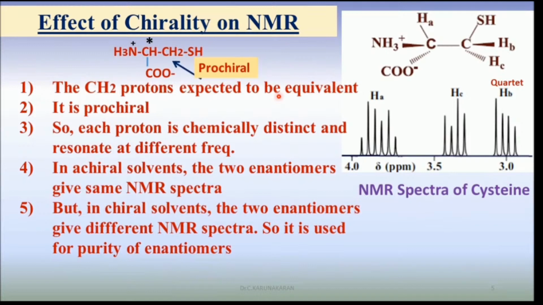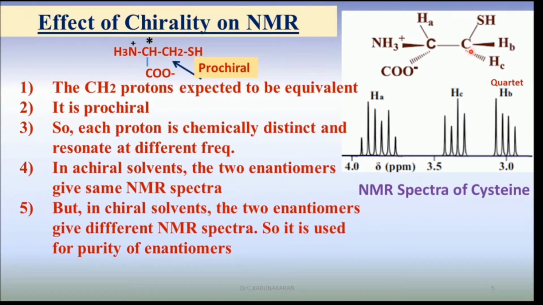Here, let us study the effect of chirality on NMR. Most of the amino acids are chiral molecules. They have an asymmetric carbon atom. For instance, cysteine is an amino acid. If you look at the 2D structure, the methylene protons are expected to be equivalent or identical.